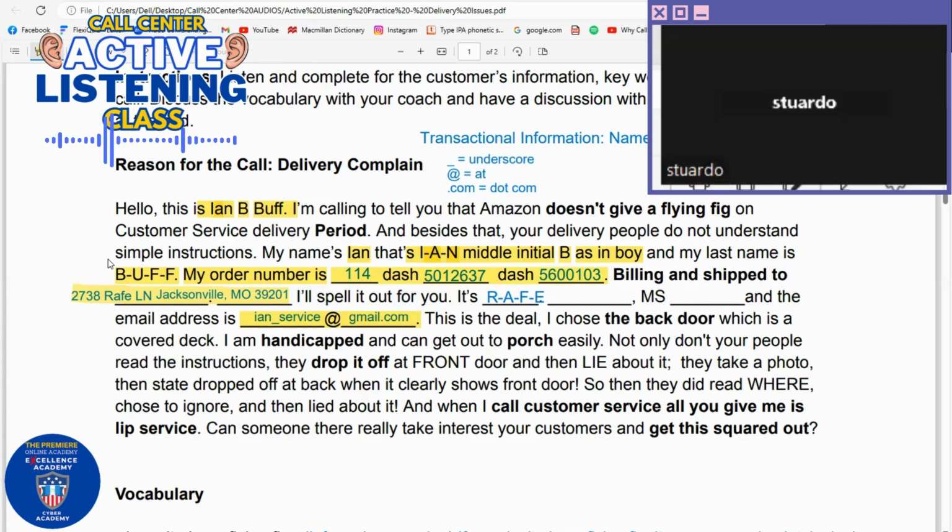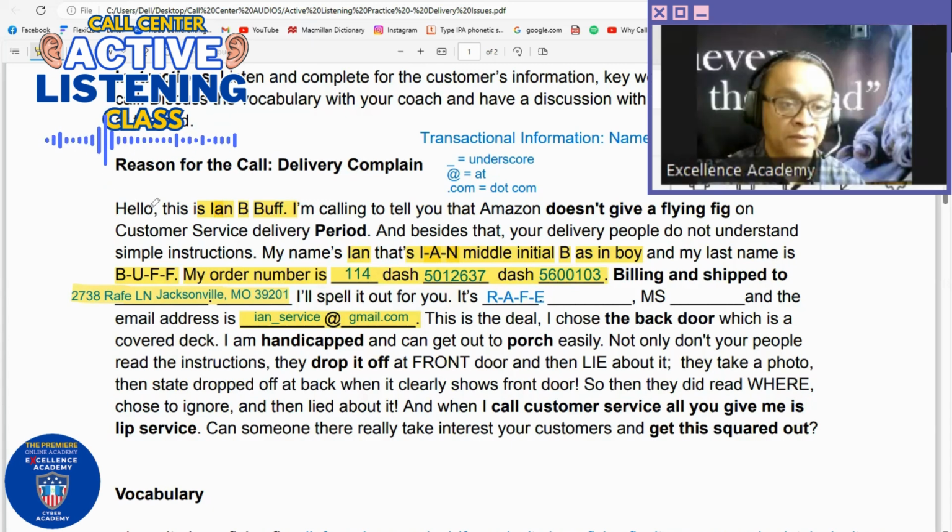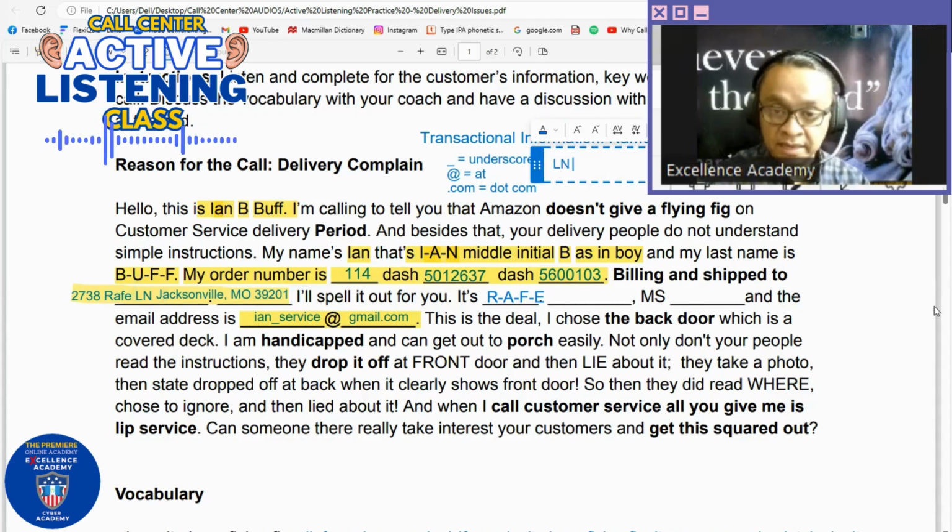Okay, let's read the address together so we learn some vocabulary, how to read addresses. Everyone, let's say 2738 Rafe Lane. Can you read it? Lane, the abbreviation is LN, which means lane, which is un carril. Okay, a lane, LN.